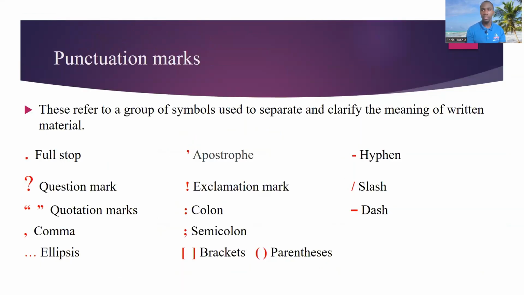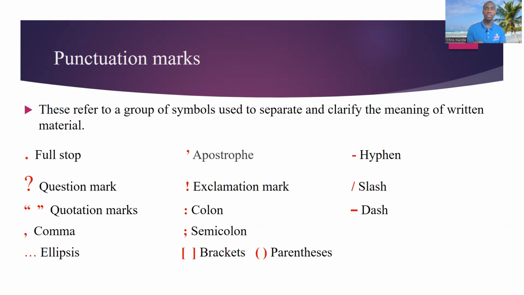But before we get into each particular punctuation mark, we need to understand what they do in general. So these refer to a group of symbols used to separate and clarify the meaning of written material, okay? So punctuation marks need to be placed within written material, all right?